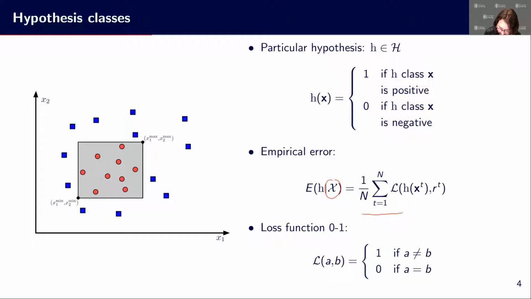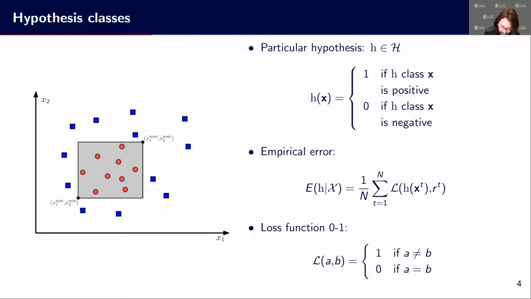And we are putting this in a loss function. That loss, which is the big L here, is a function that is evaluating the error between the prediction, which is h(x^t) here, versus the real label, which is r^t. There are many ways to compute the loss.